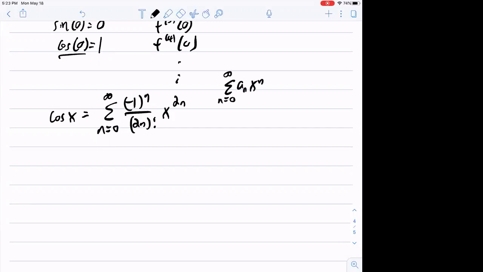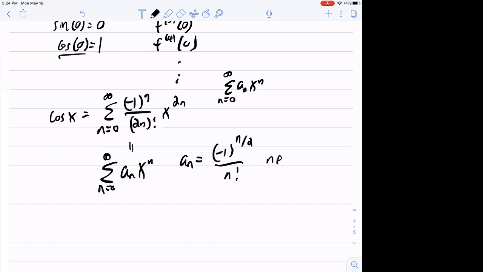So to write it in power series form, it's equal to the sum from n equals 0 to infinity of a_n x to the n, where a_n, if you calculate the formula, is (-1) to the n over 2 over n factorial for n even, and a_n is 0 for n odd. Just a reality check: if I plug in n equals 2, this should be -1 to the 1 over 2 factorial, so the coefficient of x squared is when n is 2.